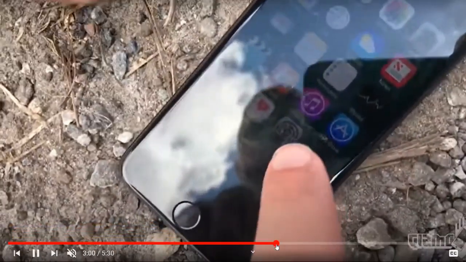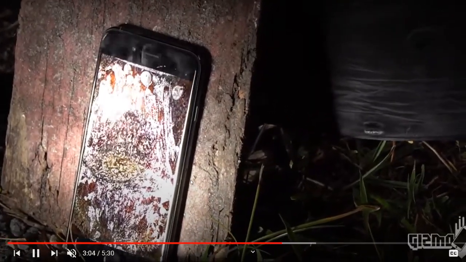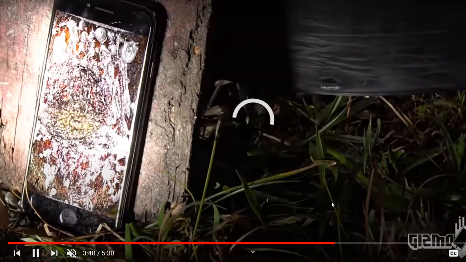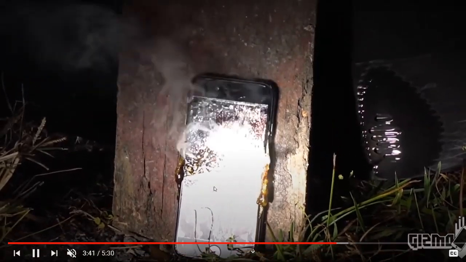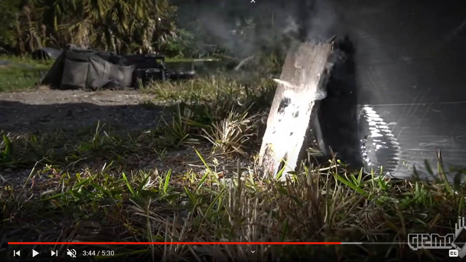And let's zoom forward a little bit. So yeah, basically they burn and melt the phone completely. So if you want to check this out in more detail, I'll link it so you can look at it. But yeah, basically that's why this thing is called the focus of a parabola.